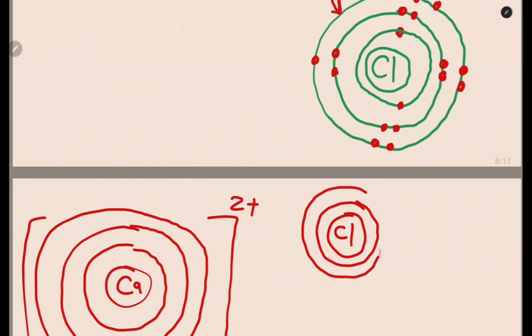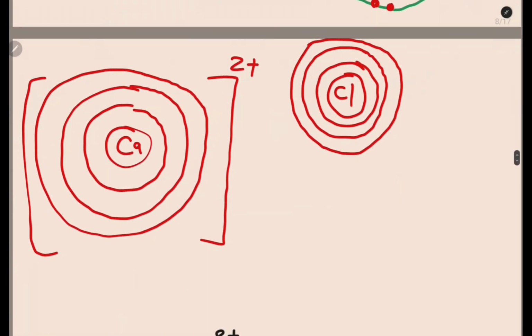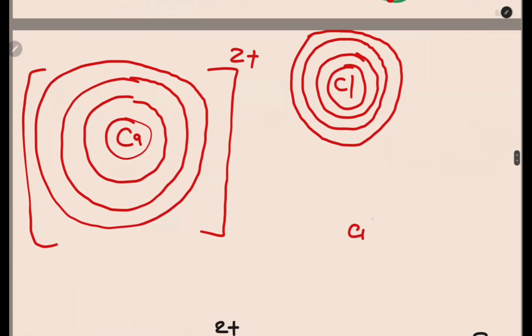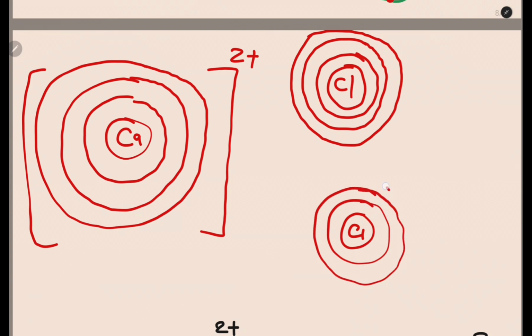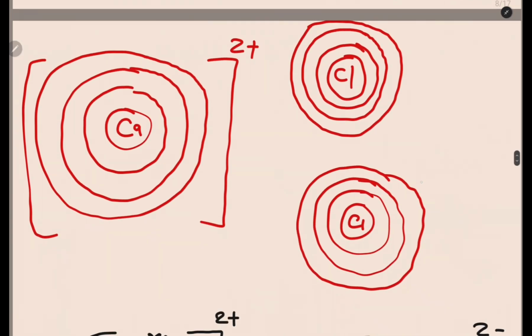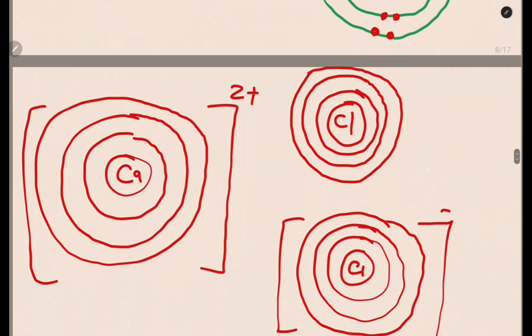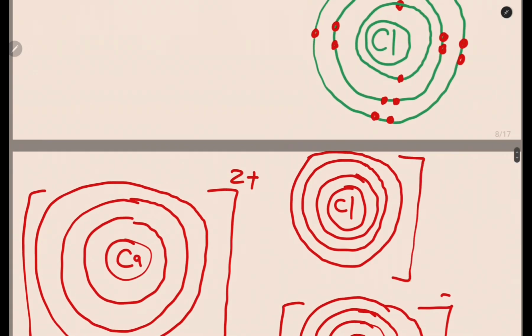So I'll put for chlorine here, another chlorine here, 1, 2, 3. So these you can put like this. I should have aligned them nicely, but I guess you're going to get the point, like this.